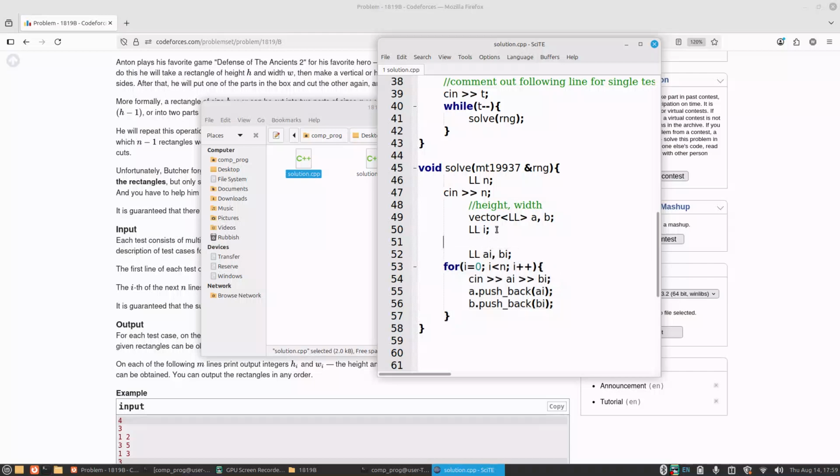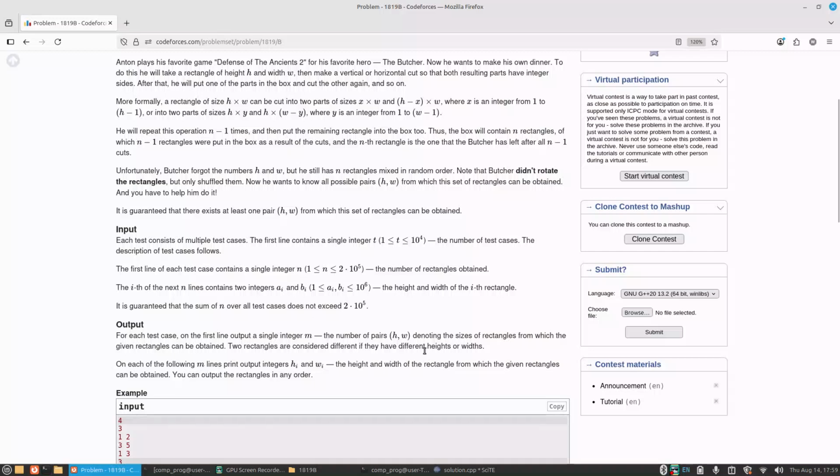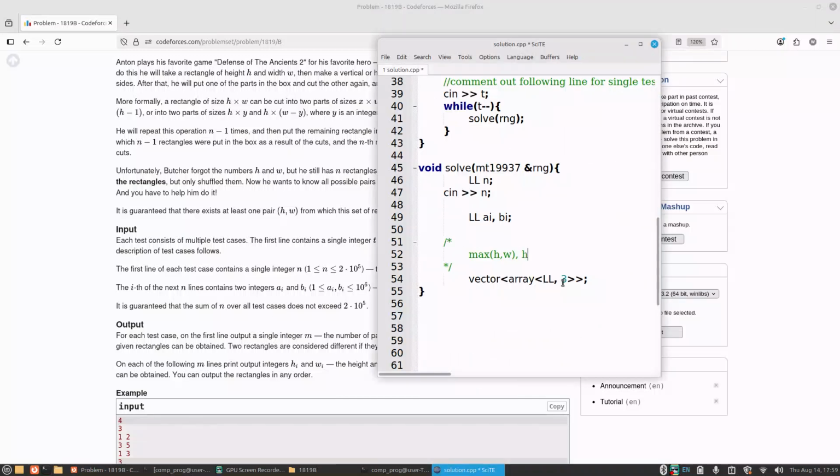Let's just put, so we'll have a vector of array LL3, and we'll have max, height, width. Then I think height is next. Yeah, height, width. So, and we obviously want to iterate.